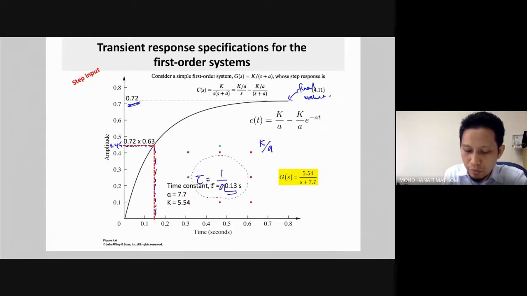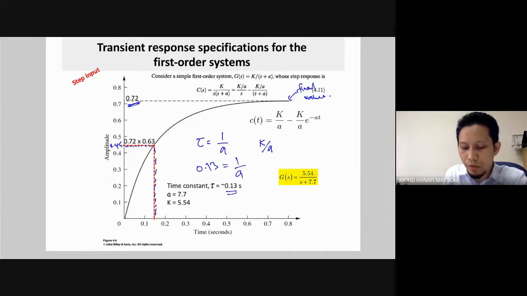We know that 1 over a is equal to tau. So our tau is 0.13 equals 1 over a, so we can find the value of a. And then we can find the value of K, where K over a equals 0.72.